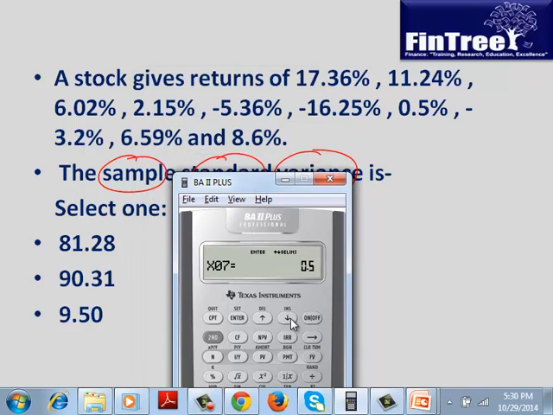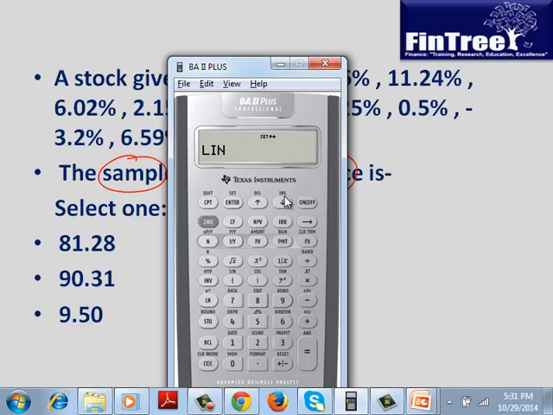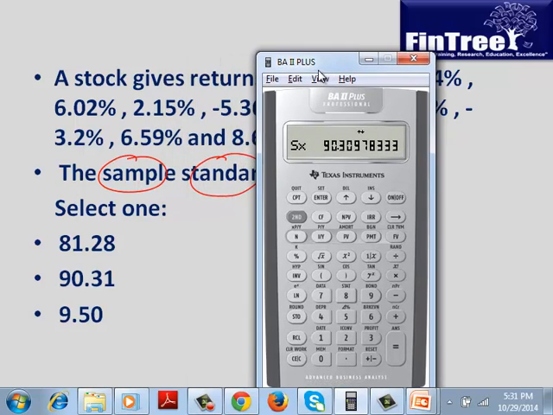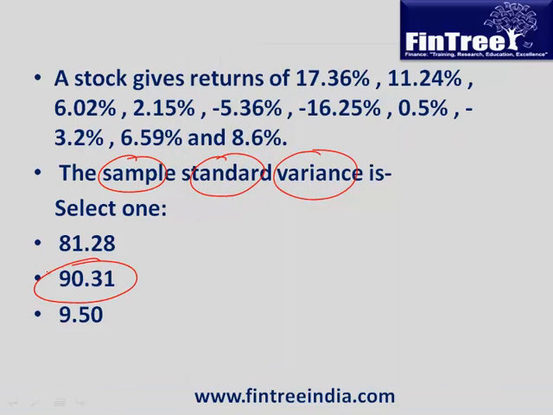Seventh is 0.5, negative 3.2, 6.59, 8.6. Second and 8, go for Sx and take a square, 90.30, and therefore the answer is 90.31 in the option.